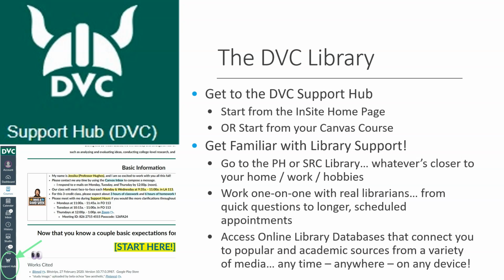Then get familiar. The library has a ton of options. You're welcome to go to Pleasant Hill or San Ramon, whichever is closer to where you live, work, or hang out. Whatever is more convenient. We really have one college, 2 campuses. So you have a right to anything at San Ramon and anything at Pleasant Hill.